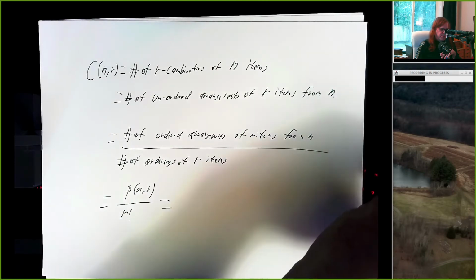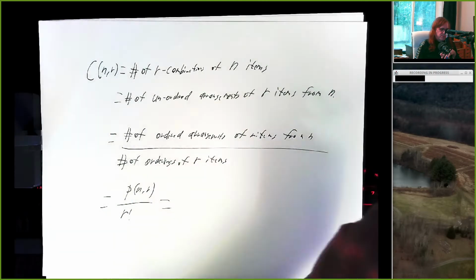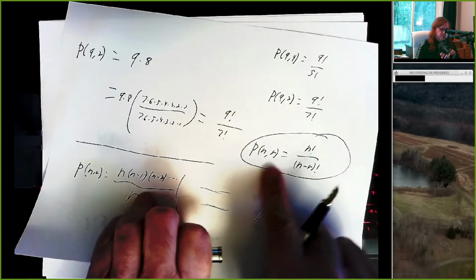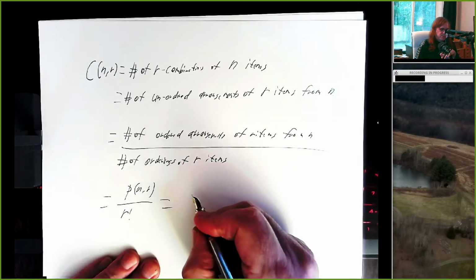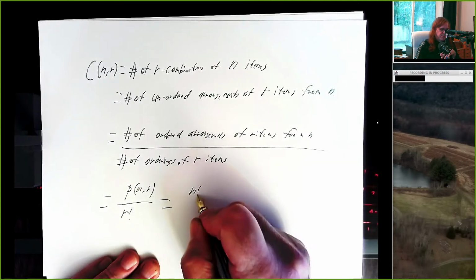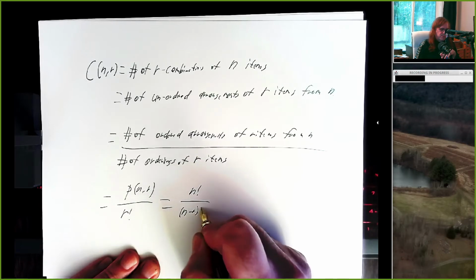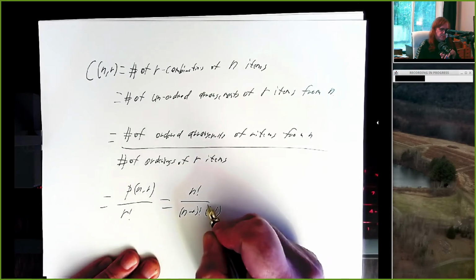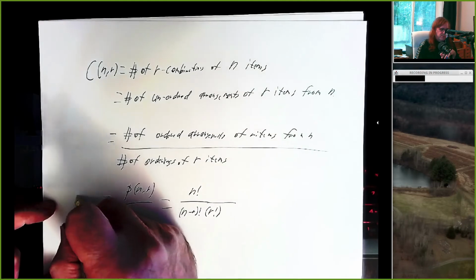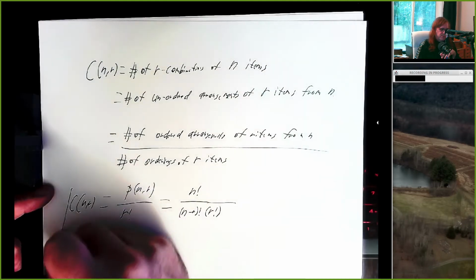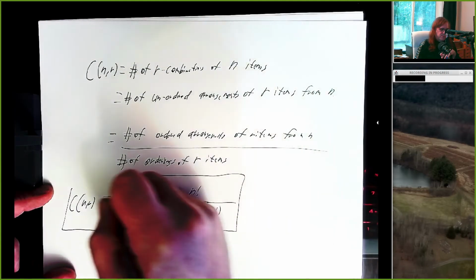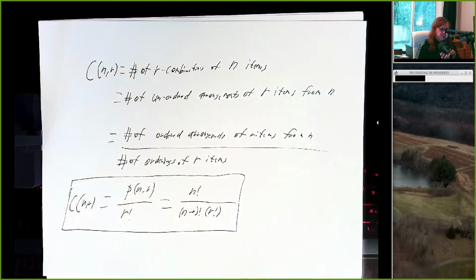And if we use our formula for what P(n,r) is, this is going to be n factorial over (n minus r) factorial times r factorial. And so this is our formula for combinations. n factorial over (n minus r) factorial times r factorial. And that you definitely also want to put on your favorite answer sheet.